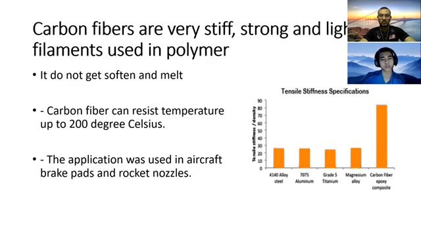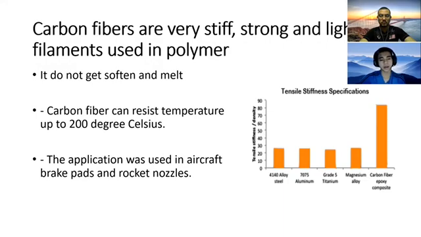Next, as we can see from the graph beside, carbon fiber has drastically high tensile stiffness among other materials. Since we know that it is tough and high temperature resistant, it has been widely used in aircraft parts such as aircraft brake pads and rocket nozzles.